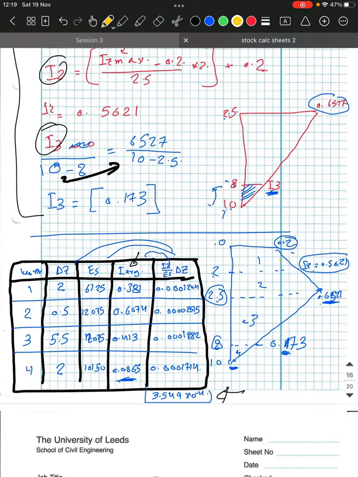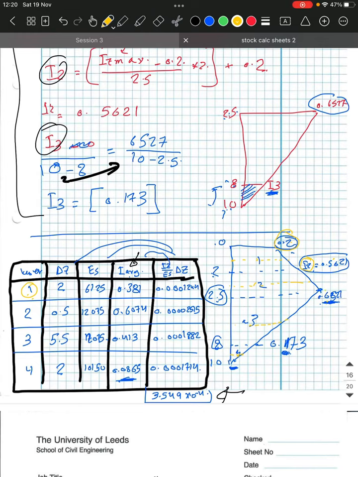So I average will be the I of the average of this layer, the I of the average of this layer, and so on. So you have to calculate 4 averages, and to do that, we go layer by layer. I have 4 layers. For layer 1, the I average will be I2 plus the initial 0.2 over 2. So this value plus this over 2.